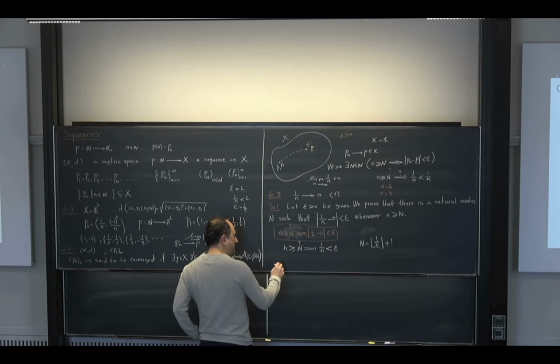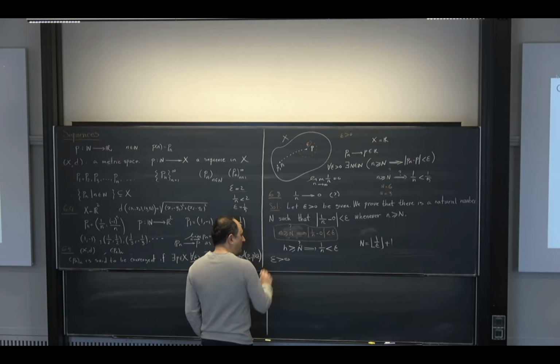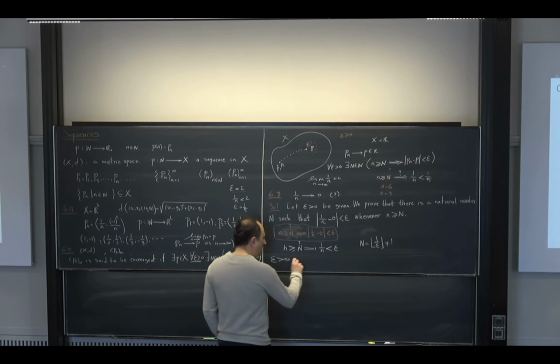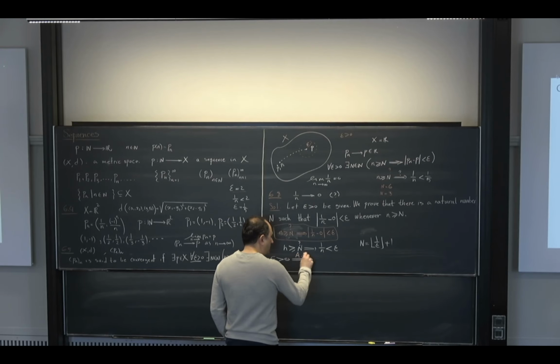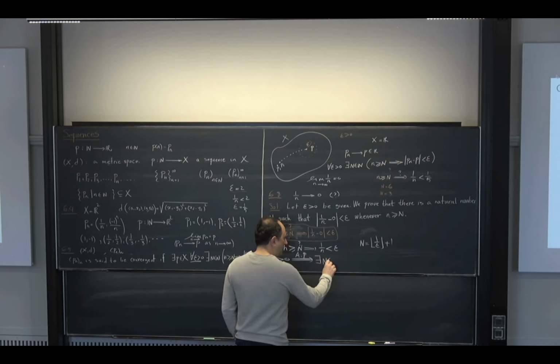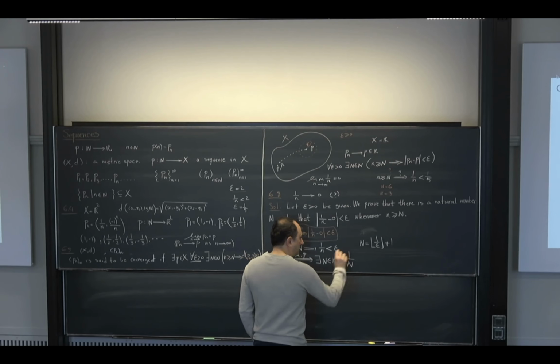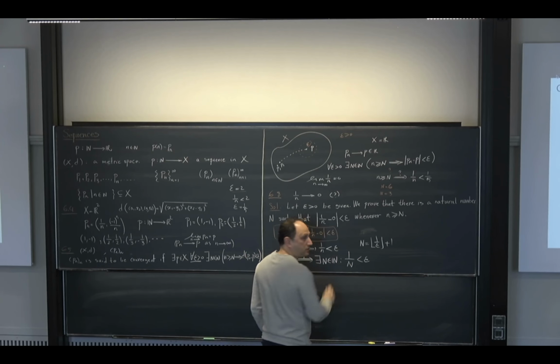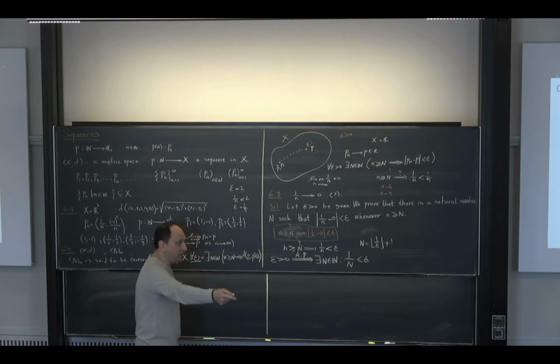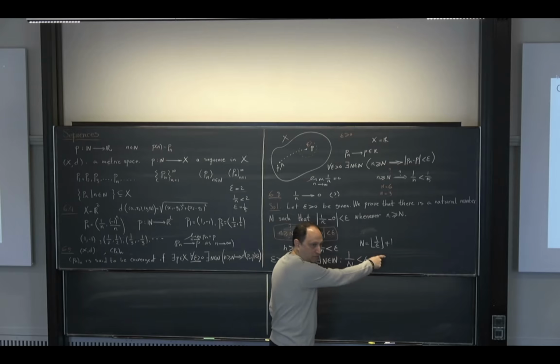You have given me an epsilon greater than 0, and I use the Archimedean property to guarantee the existence, do you remember, of a natural number such that 1 over that natural number is less than epsilon. So what you did, you actually found one of them.